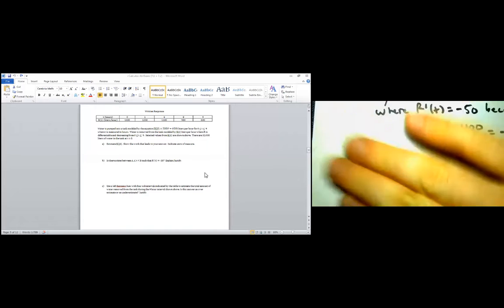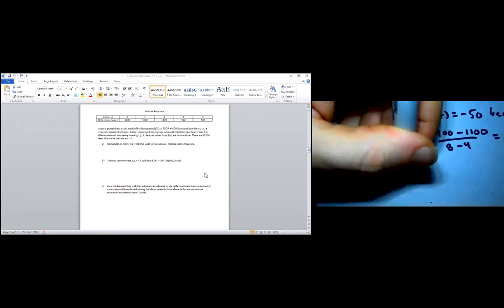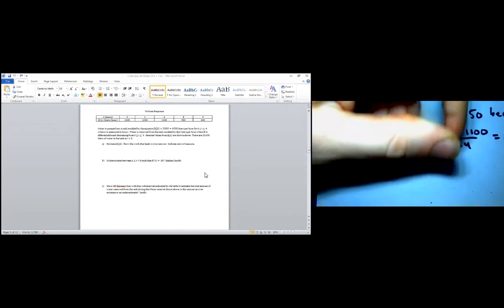How do we figure out how much was going out? R of t, the box, is the data for what was being drained. So for part C, all we want to say is that the integral, because we're doing a total, right, of R of t dt from 0 to 9.